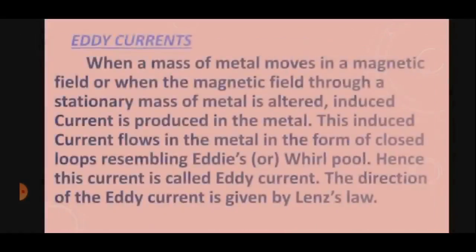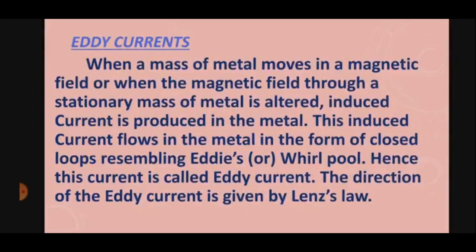Sometimes they ask this question: what are eddy currents? So this is the proper definition. When a mass of metal moves in a magnetic field, or when the magnetic field through a stationary mass of metal is altered, either one being altered, induced current is produced in the metal.